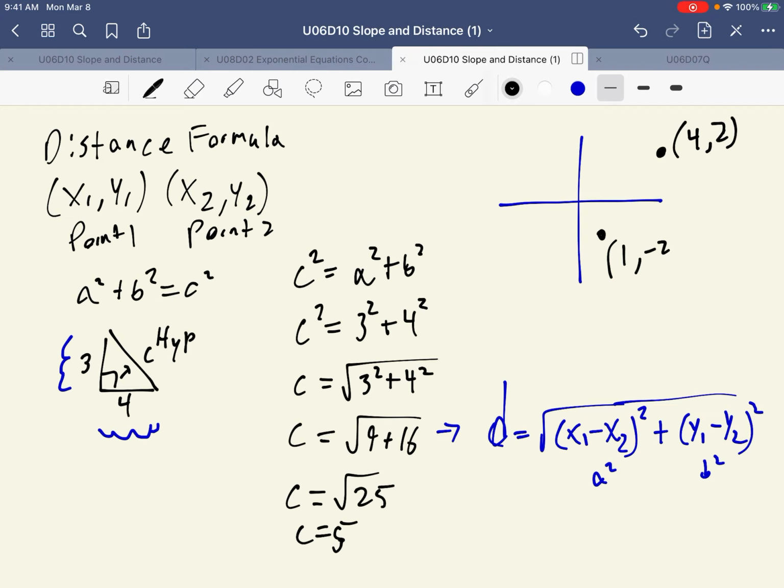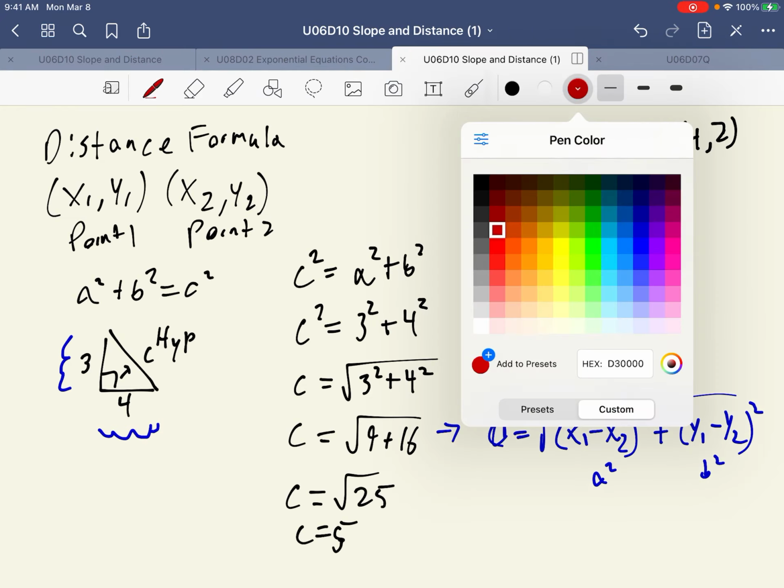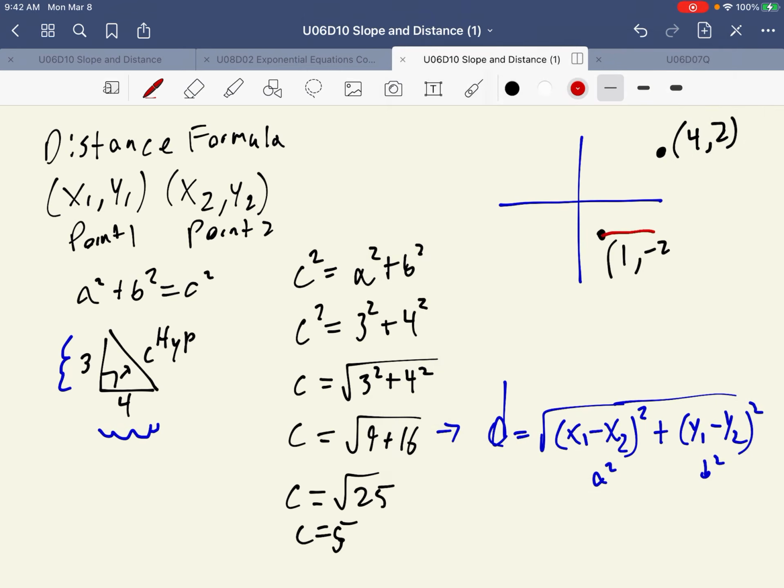And I wanted to find the distance between those 2 points. What I can do is I can make an imaginary right triangle with a measurement of 3 across and 4 up. And I could use the Pythagorean theorem, and I'll see that this is 5. So I could do 3 squared plus 4 squared equals 25, and the square root of that is 5.